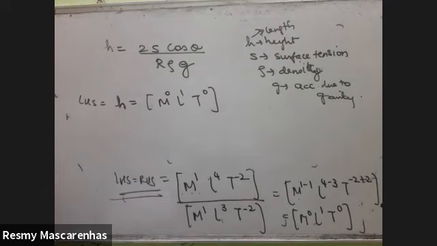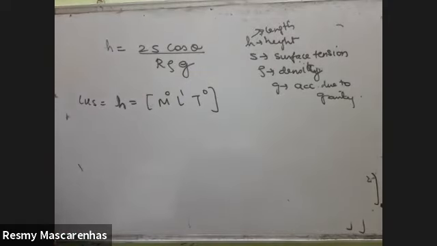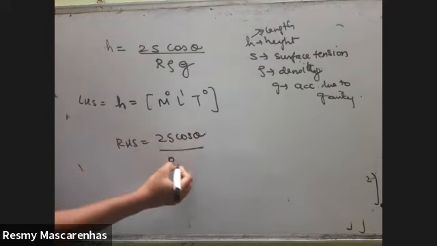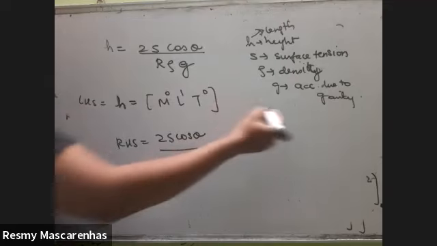Then here right hand side will be 2 and cos theta. R I have not given now. R is the radius.